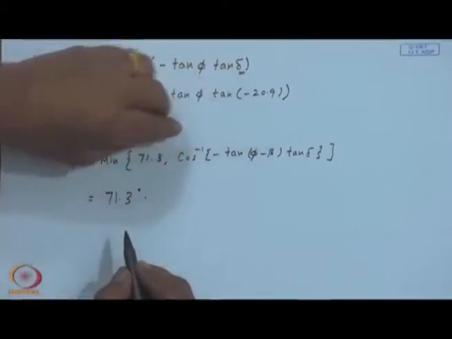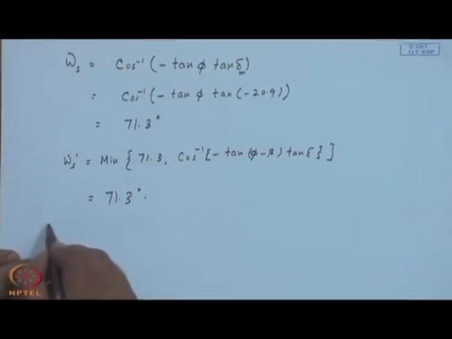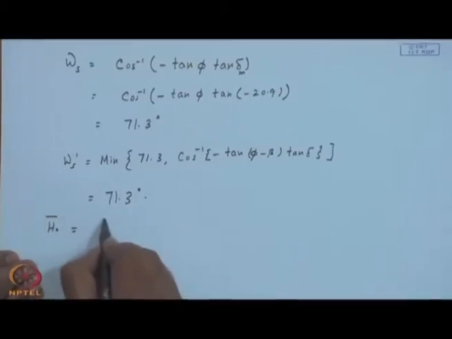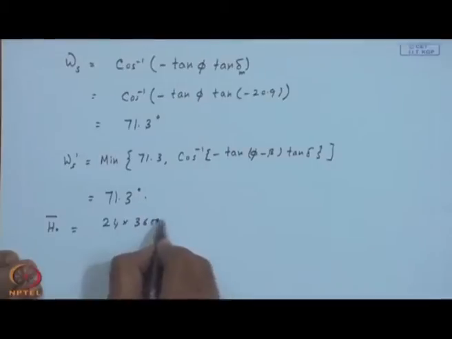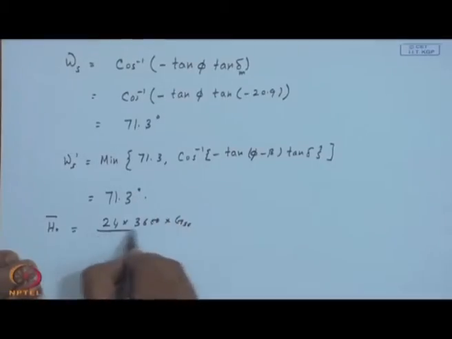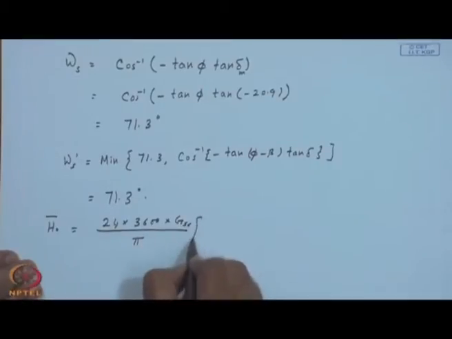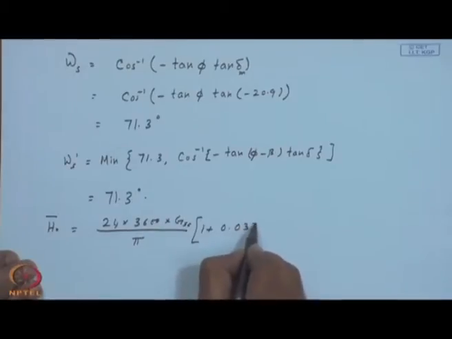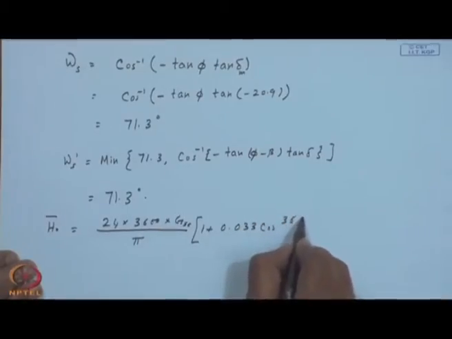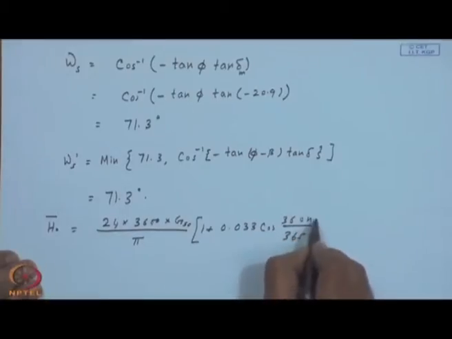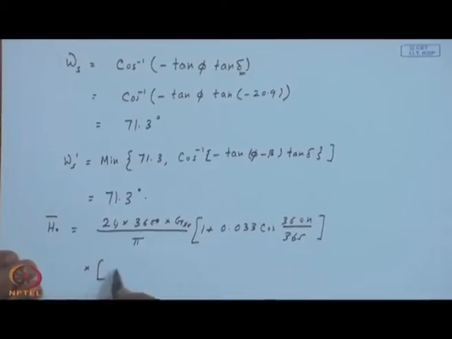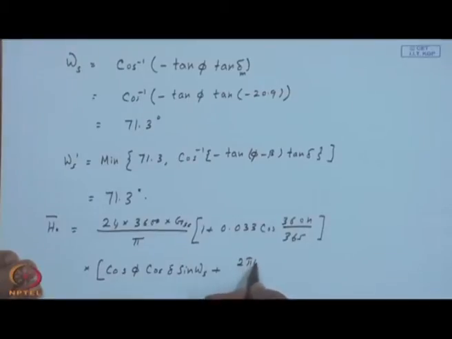What next? Because all my correlations will be in terms of the clearness index, I need H 0 bar, which will be 24 into 3600 times GSC, the solar constant, by pi times 1 plus 0.033 cos 360 n by 365, times cos phi cos delta sin omega s plus 2 pi omega s by 360 times sin phi sin delta.